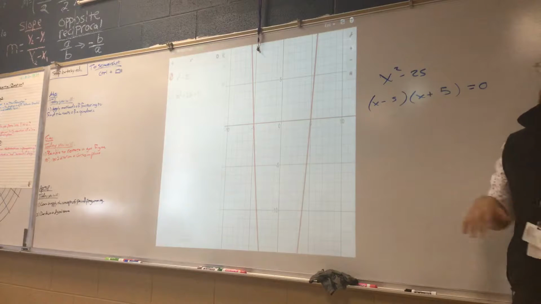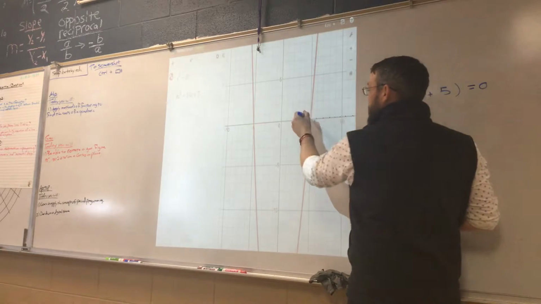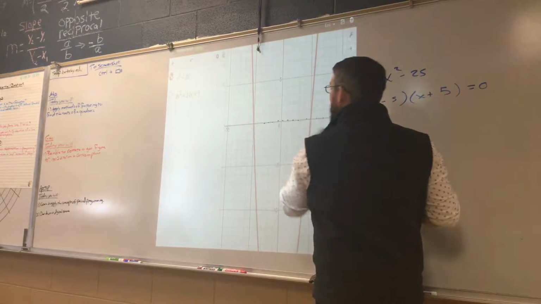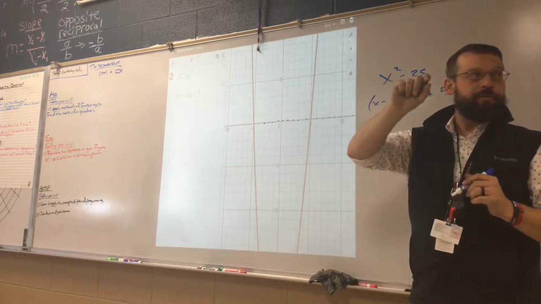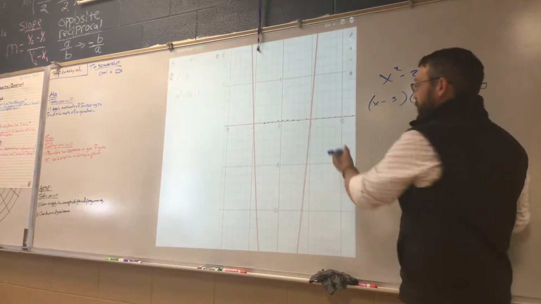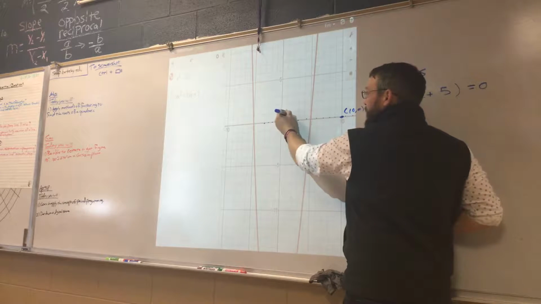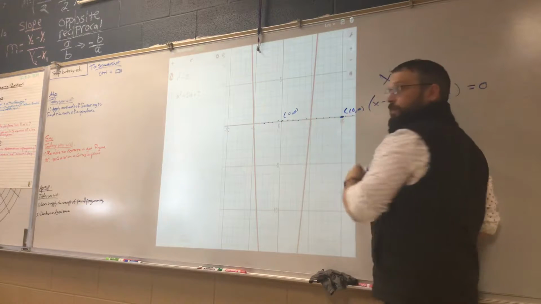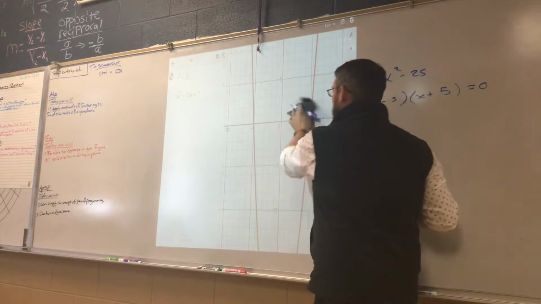Here's why. Every point on the x-axis has a y-coordinate of 0, right? So like this point right here, that'd be 10, 0. That's 0, 0. You see how every time the y value is 0? That's why we do that.